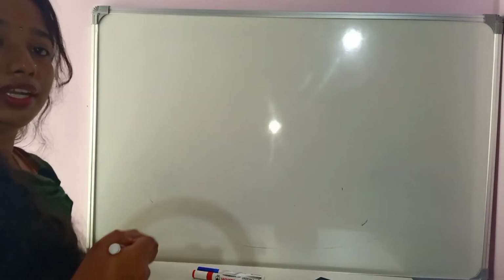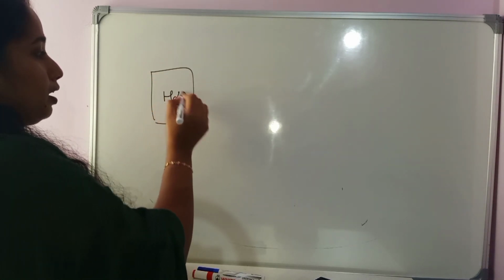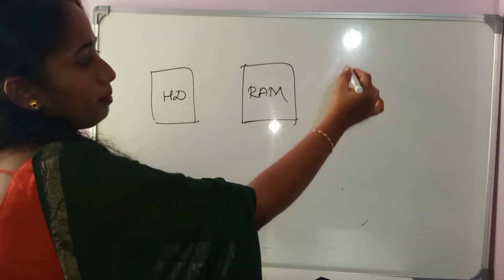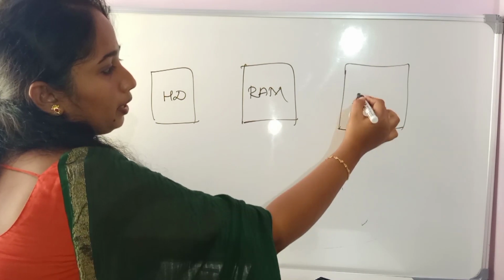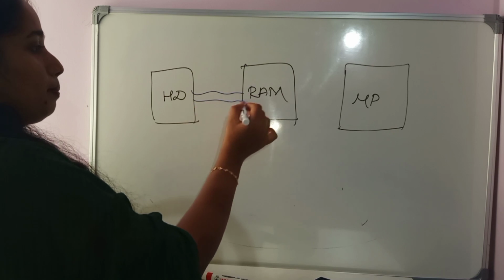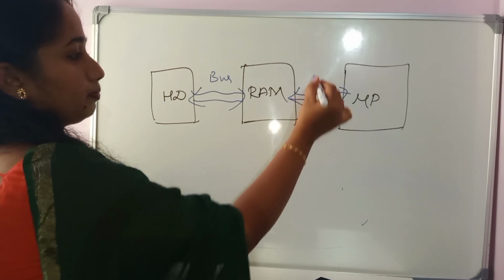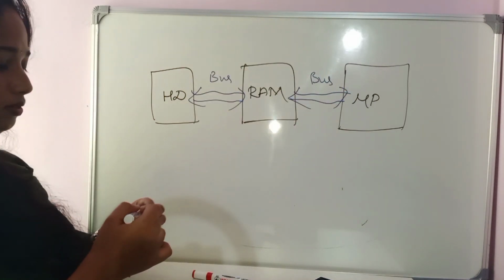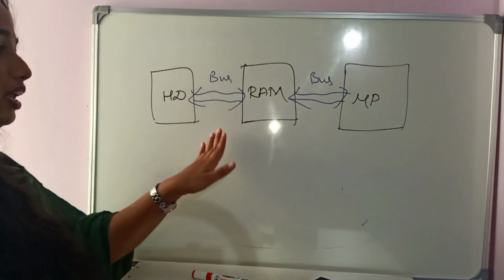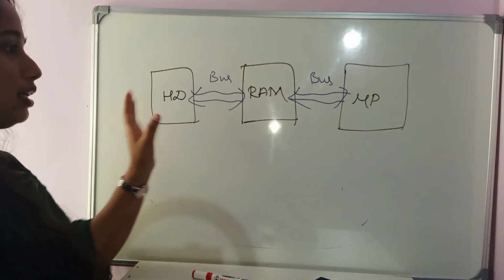Now the new architecture is like this: we have the hard disk here, the hard disk is connected to RAM, and RAM is connected to the microprocessor. All these are connected through a bus. So we require these two types of memory in a computer. Both are required, hard disk and RAM.